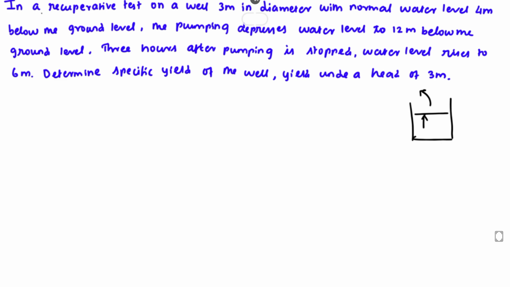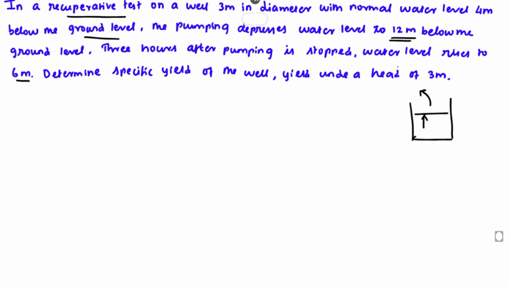The problem is: in a recuperative test on a well 3 meter in diameter with normal water level 4 meter below the ground level, pumping depresses the water level up to 12 meter below the ground level. Then 3 hours after pumping is stopped, the water level rises to 6 meter.